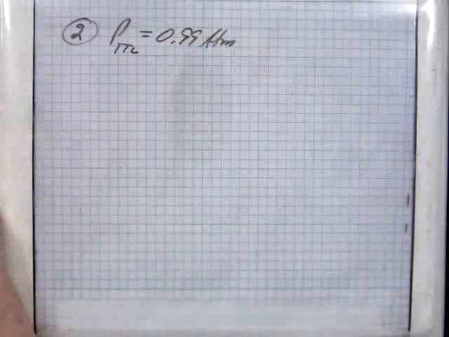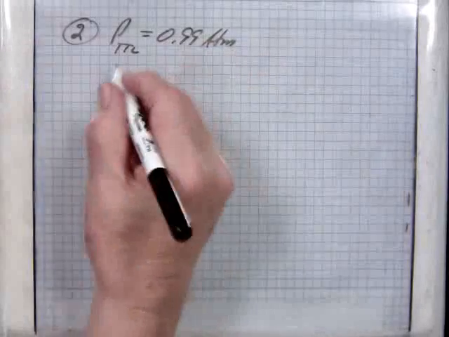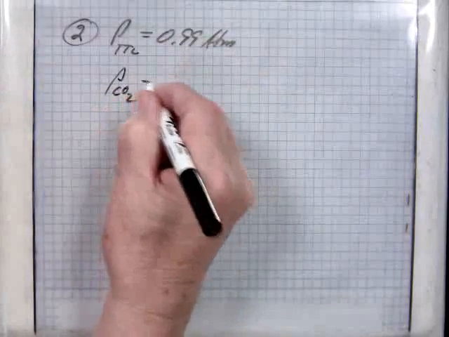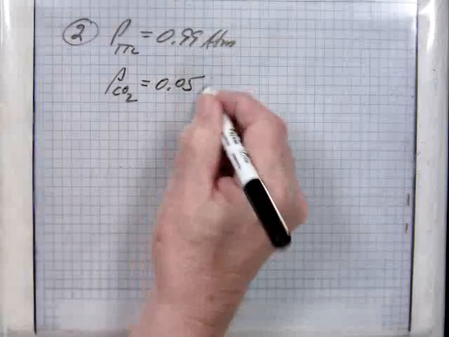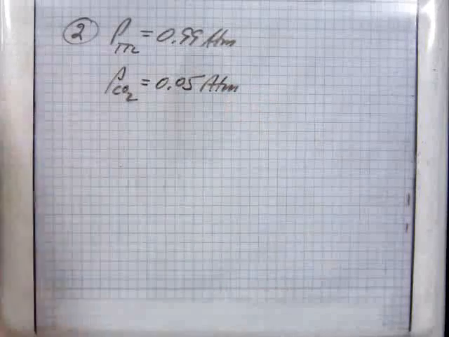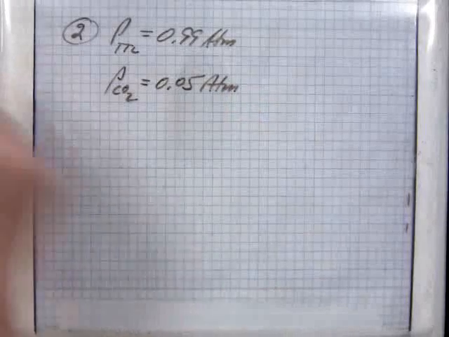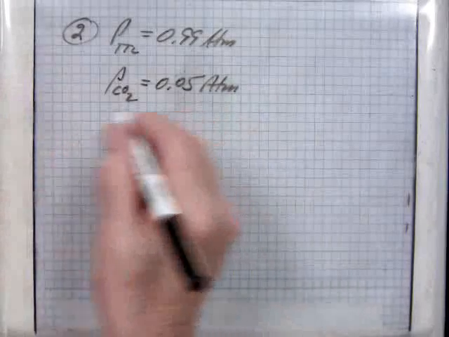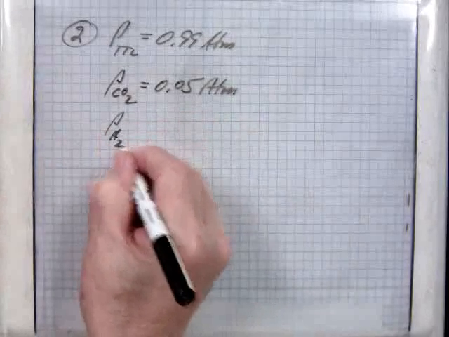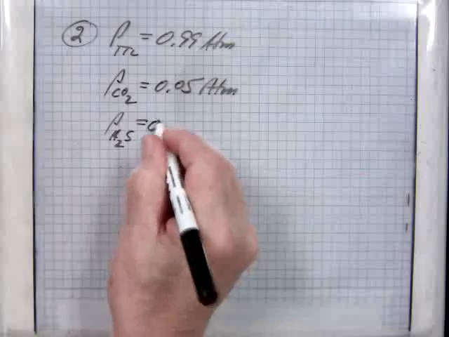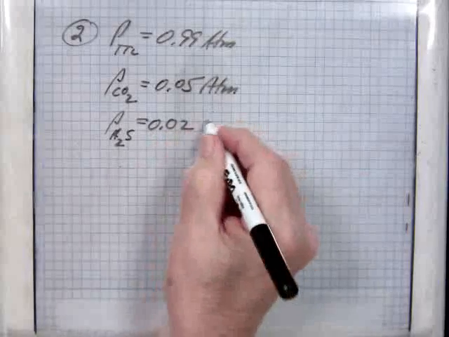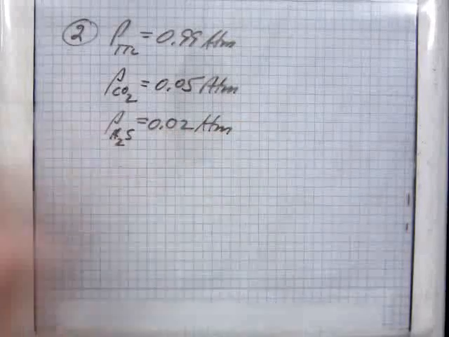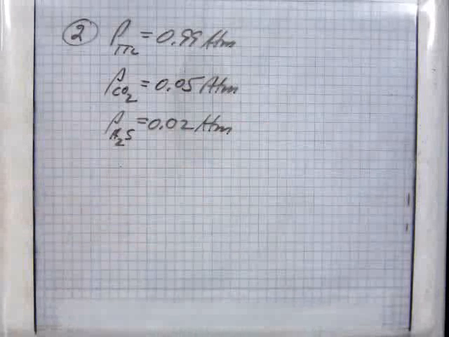The partial pressure of carbon dioxide is 0.05 atmospheres, and the partial pressure of hydrogen sulfide is 0.02 atmospheres. What's the partial pressure of the remaining air?